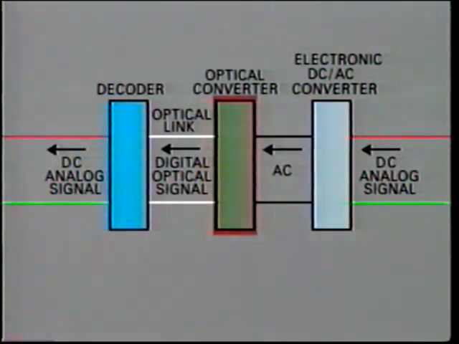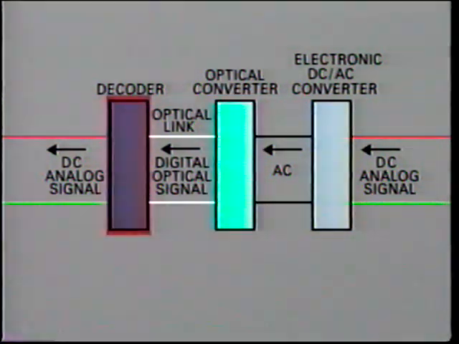These signals then pass through the optical converter for light transmission across the isolator. The optical signal, which is actually digital, is decoded at the receiving end and is converted back to an analog DC signal. The specific arrangement of each card varies depending upon the particular type of communication circuit.